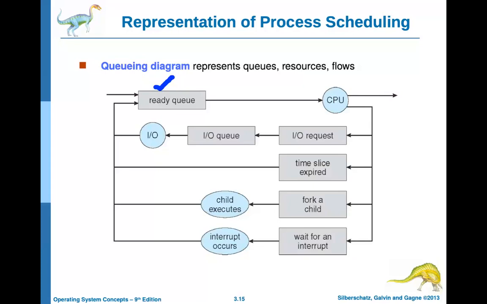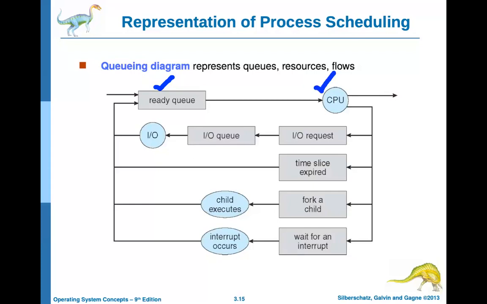So all such processes are stored in the ready queue. Now, once it is scheduled by the scheduler, it goes to the CPU here. Such a state of process is running.